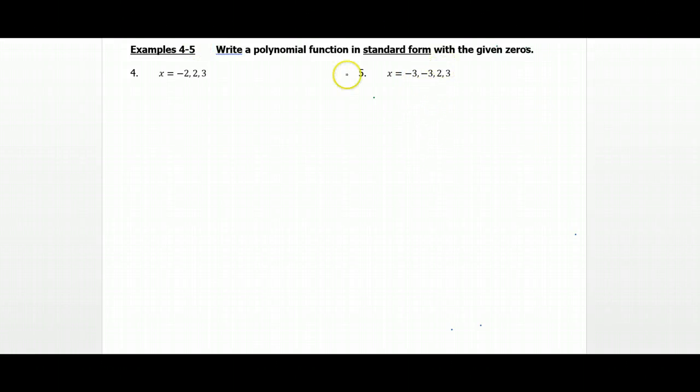Again, anytime a function has repeated zeros or a multiplicity for a 0, that just means it has those factors repeated that number of times. So since I wrote a -3 here twice, that means that x plus 3 is a factor twice for this polynomial. We also know that x minus 2 is a factor from our +2 there, and we know that x minus 3 is a factor.